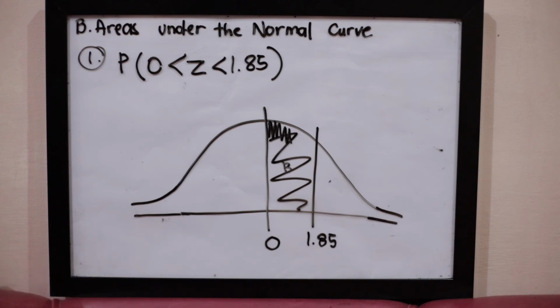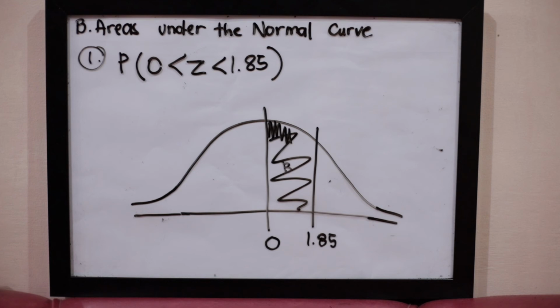And then, next, after getting the shaded region, punta na tayo dun sa table. So, dun sa first column, you have to look for 1.8, kasi 1 yung whole number natin and the tenths place is 8. So, 1.8, then you draw a horizontal imaginary line passing through 1.8.